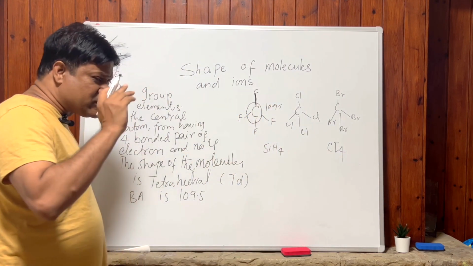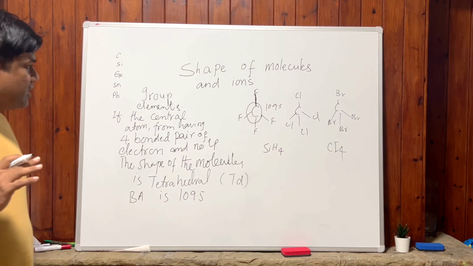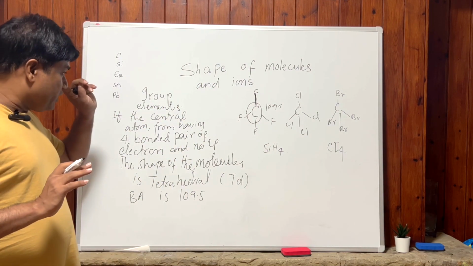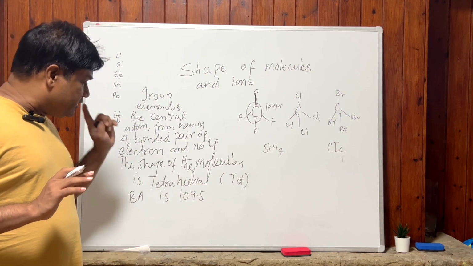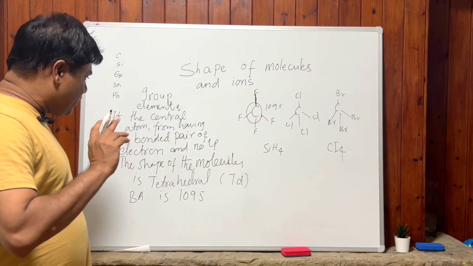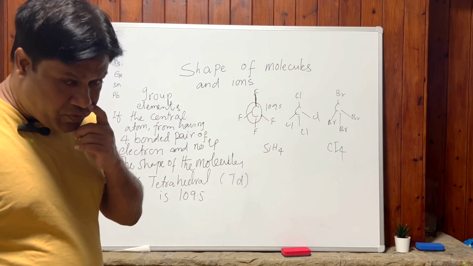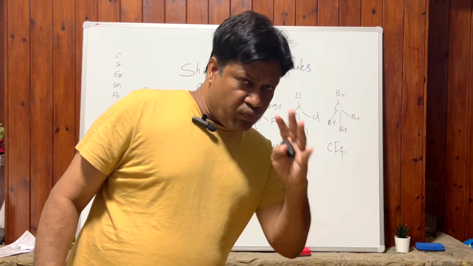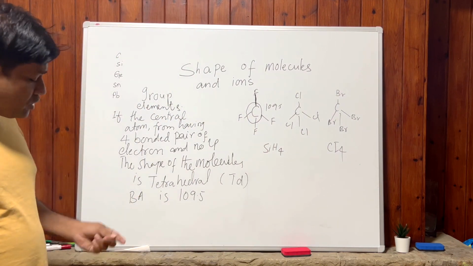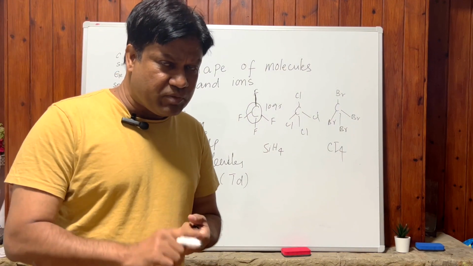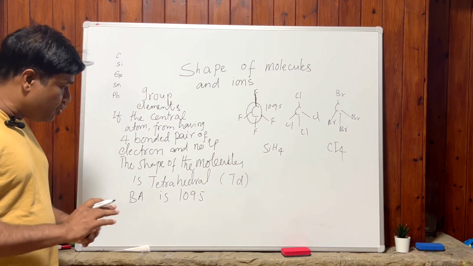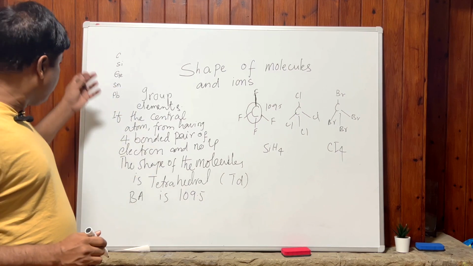They are exactly equidistant because there is no lone pair. I'm coming to the lone pair. So when will we get a tetrahedral geometry? When the central atom is from group 4, having 4 bonded pairs of electrons and no lone pair. These are the conditions. You can give any example, guys.